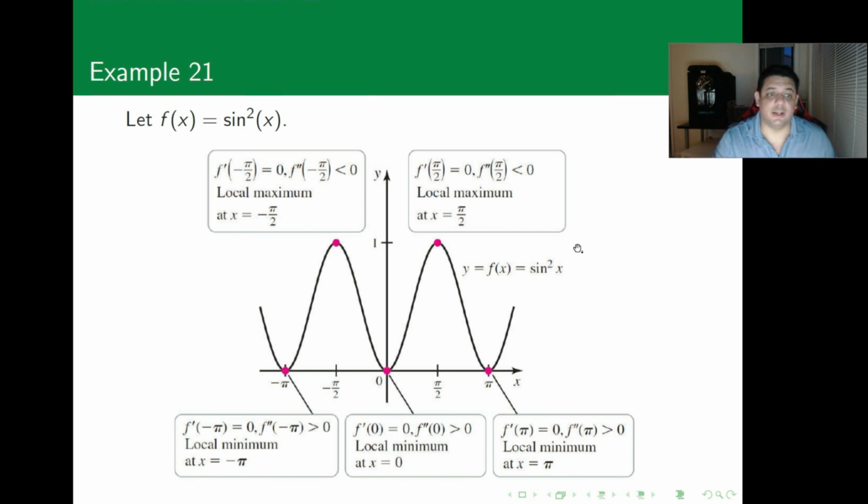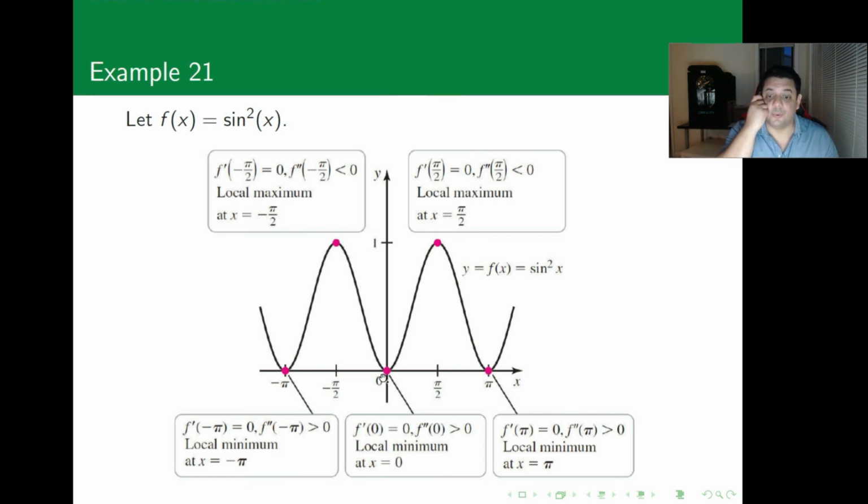Then here, notice that if we take the function sine squared of x, the first derivative is going to be 2 sine of x cosine of x, and we can take the second derivative as well and make some calculations. Notice that the slopes are flat at pi, pi half, and 0, and so on.